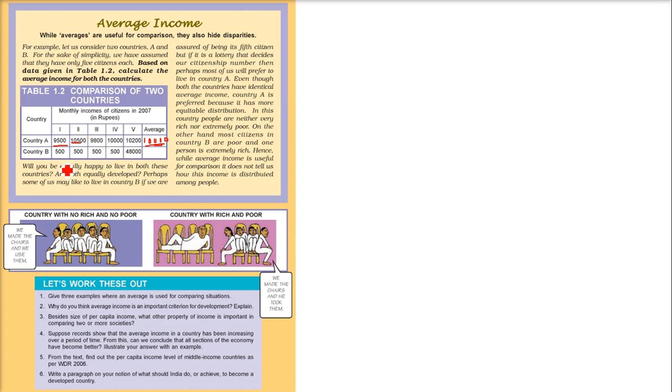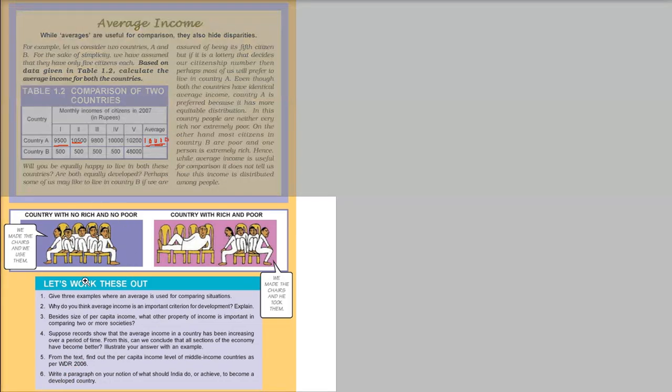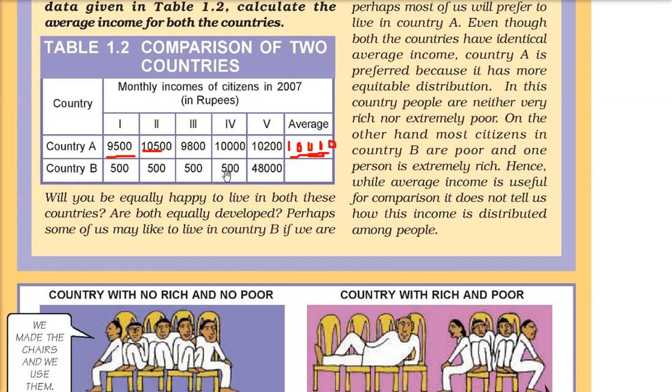So everyone is earning around 10,000. This is an average. But if you take country B, here is a disparity. 4 people in this whole country are only earning 500 rupees, but one person is earning 48,000.